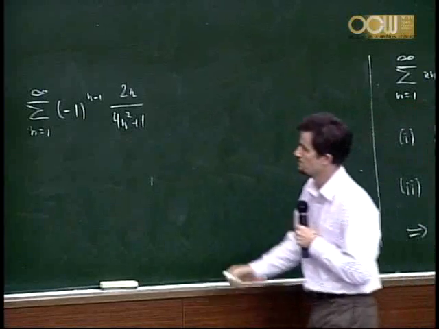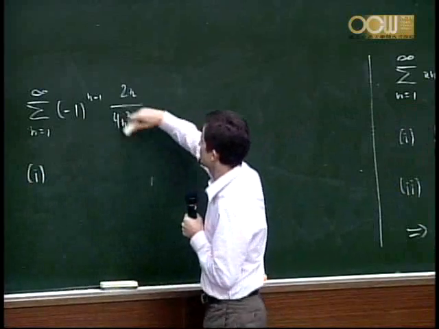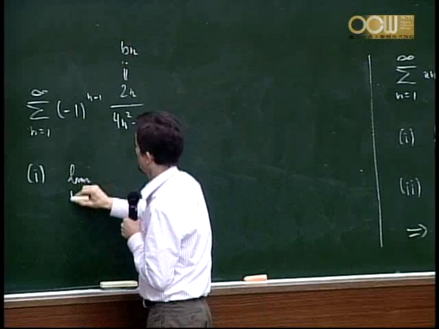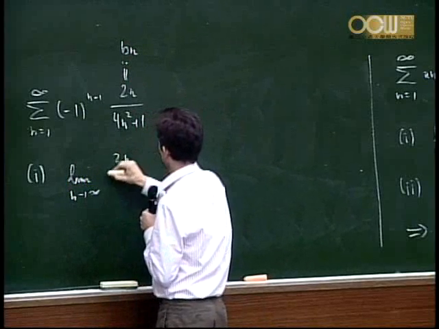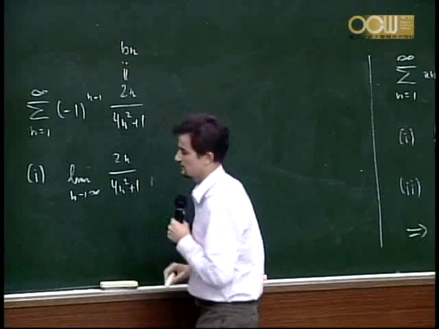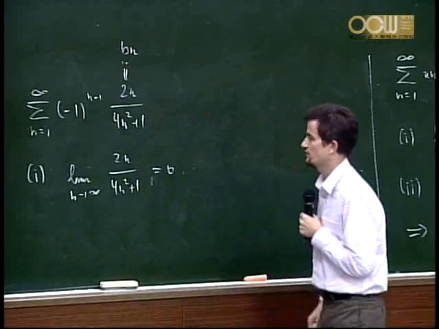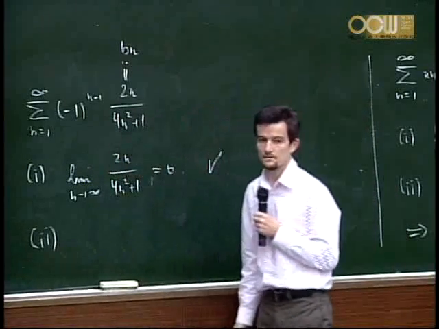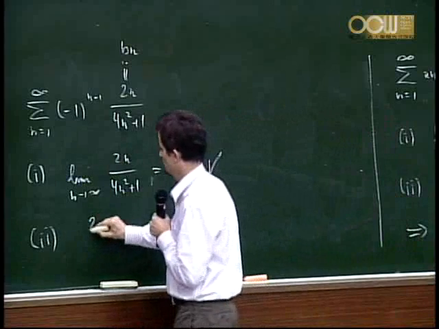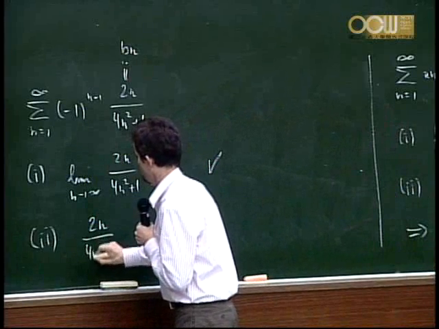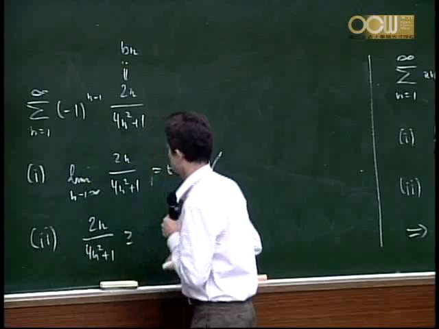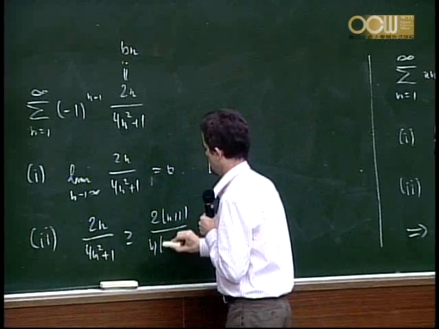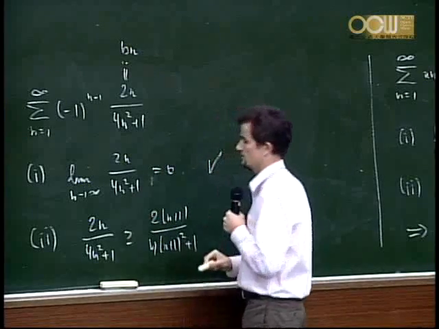You see that the first condition, the p_n is this here. The limit as n tends to infinity of 2n over 4n squared plus 1 is equal to 0. So the first condition is okay. Now for the second condition, what we have to prove is that 2n over 4n squared plus 1 is larger or equal than 2n plus 1 over 4n plus 1 squared plus 1.